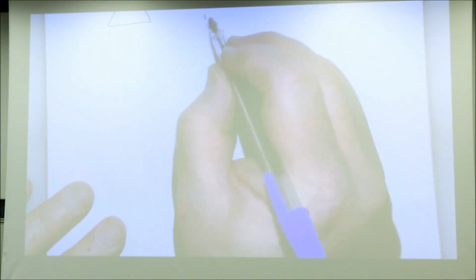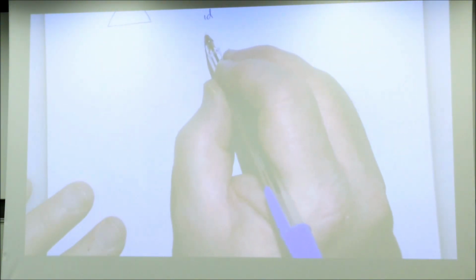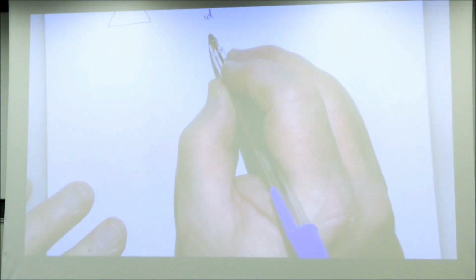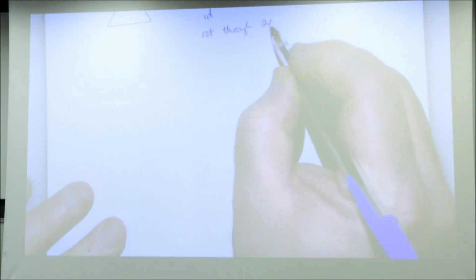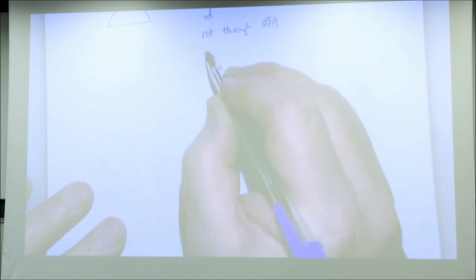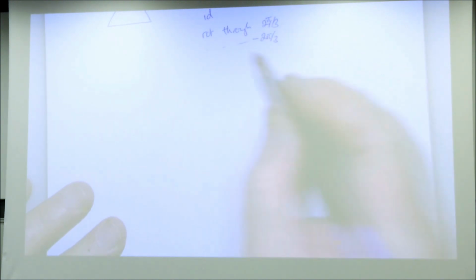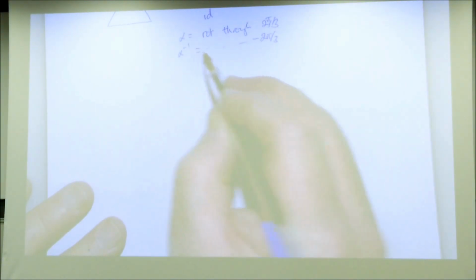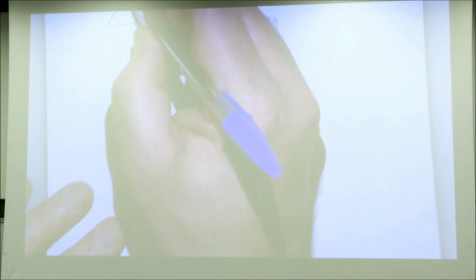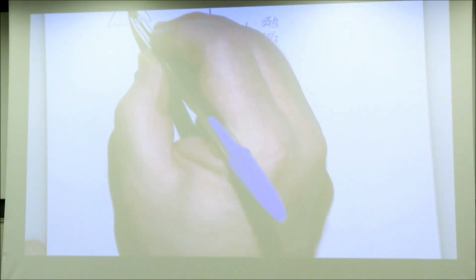Okay, so the elements are the identity, rotation through 2 pi by 3, rotation through minus 2 pi by 3, the inverse, so let's call this alpha and this alpha inverse. The product of these two things is the identity. And then you could turn it over about these axes of symmetry.